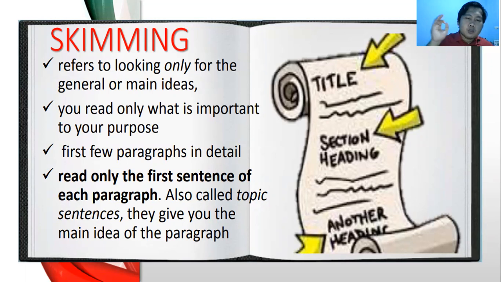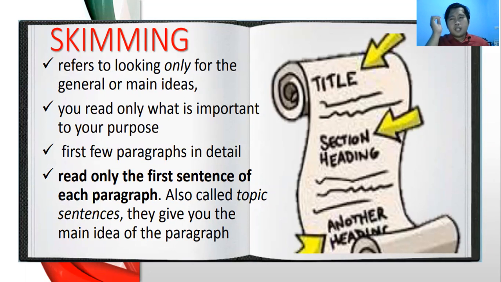For example, I have to learn different kinds of animals in Africa. So you are just going to look for topics or details or information about animals. You will not read some sub details or subtopics in the text.